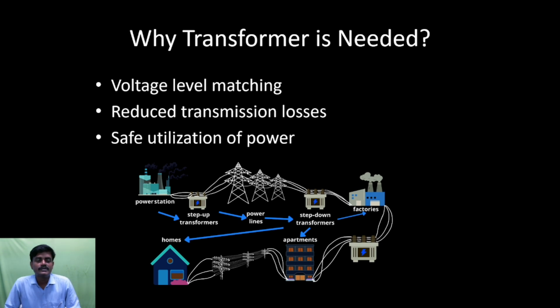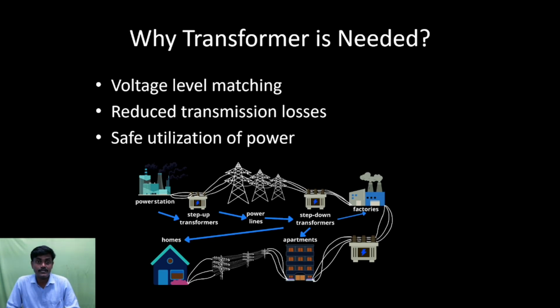The second thing is reducing transmission line losses. How can the transmission line loss be reduced? Suppose I send 230 volt AC from the sending end, the generating station. I may or may not get 230 volt AC at the other end, because the voltage is lost due to line resistance.